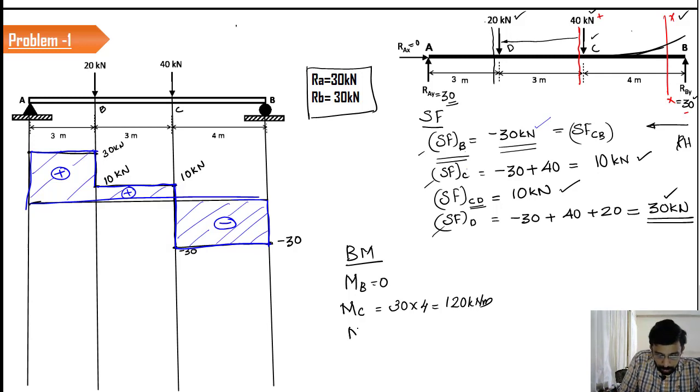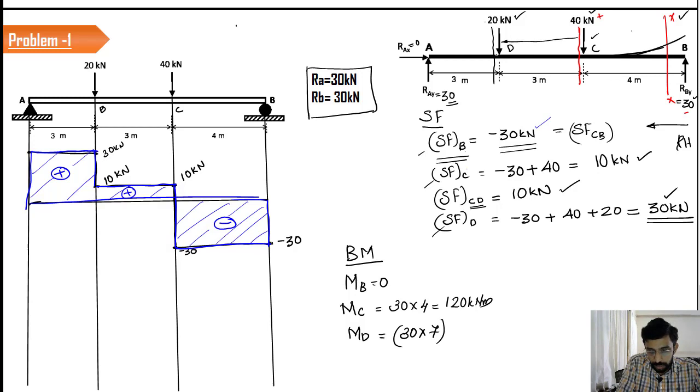Now I will take the moment at D. So when you take the point D, you have two loads on your right hand side. One is 30, which is acting in the upward direction, and another force 40 kilonewton, which is acting in the downward direction. So again 30 kilonewton is going to create a moment of 30 into the total distance, 7, in the upward direction.